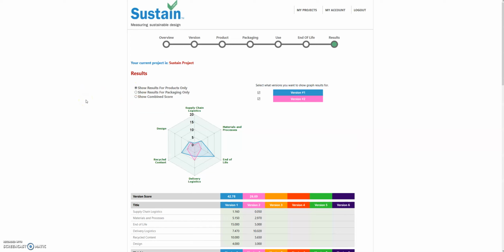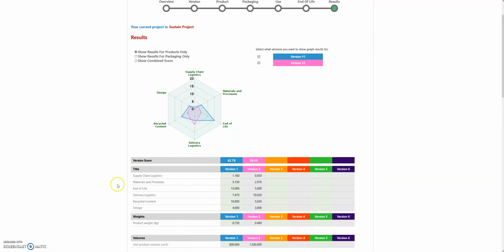So for the product, you get 6 parameters that are measured here. You see them in the top part of the table. So each of these parameters is a 1 to 20 scale, and it takes into account a number of issues, and there is an algorithm behind each one.